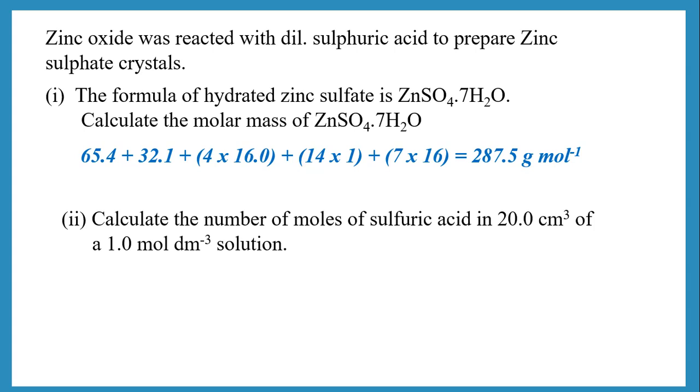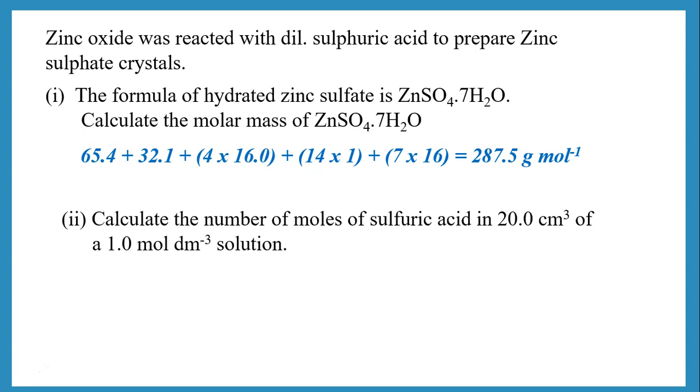Then the question says, calculate the number of moles of sulfuric acid in 20 centimeter cubed of 1 mole per decimeter cubed solution. I would suggest that from now on, you can stop the video when you see the question, try doing it on your own, and then continue to determine whether your answer was right or wrong.